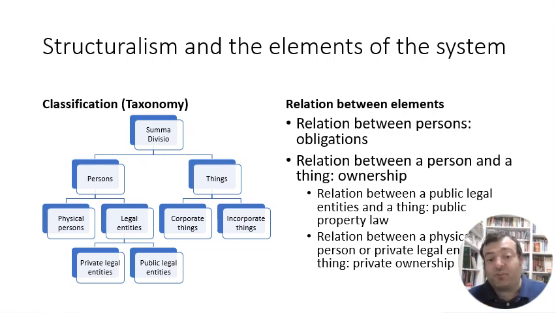A relation between a person and a thing would be rather described in terms of ownership or real rights, حقوق عينية, سلطة شخص على شيء. And if the person is a public law person, such as the state or municipalities, then we will talk about public property law. This is an example of how a structuralist approach might go on.